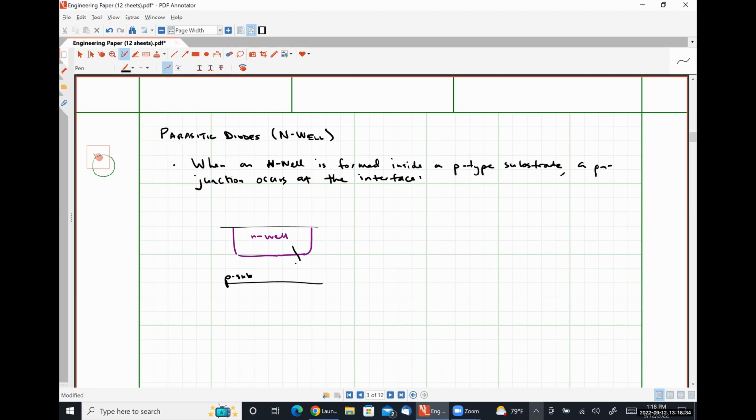We have, I got it backwards. Formation of a parasitic diode. Okay.